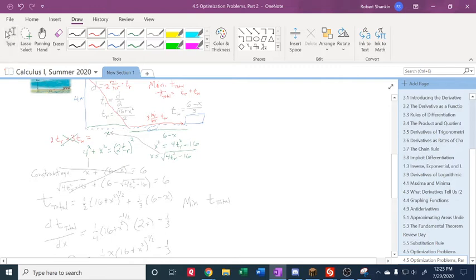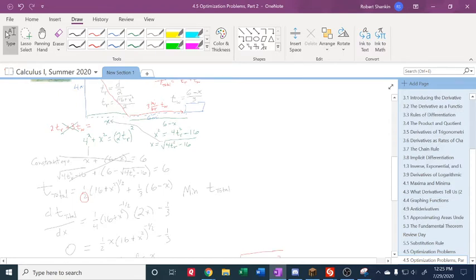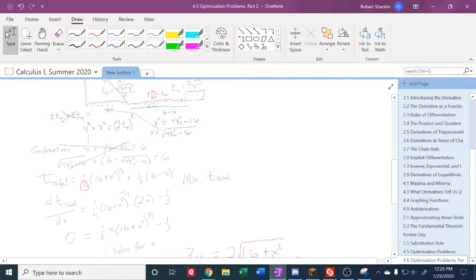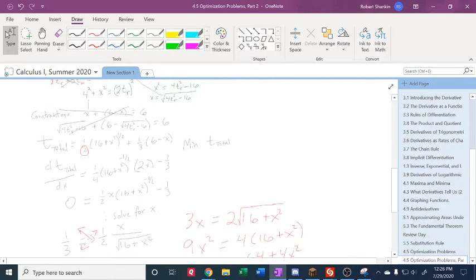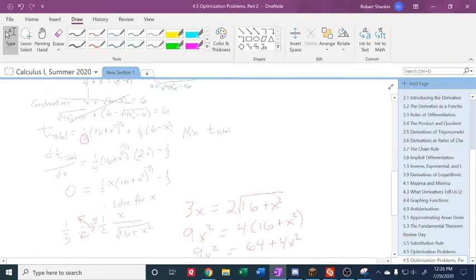What if this number was different? If that one was such that this would not give you a real solution over here. Now the 2 there.